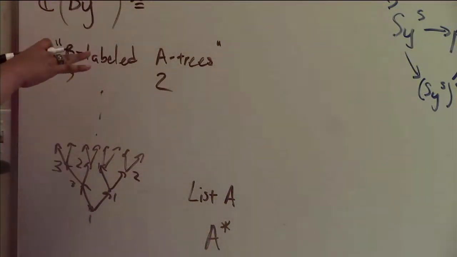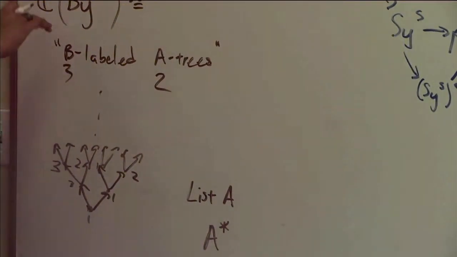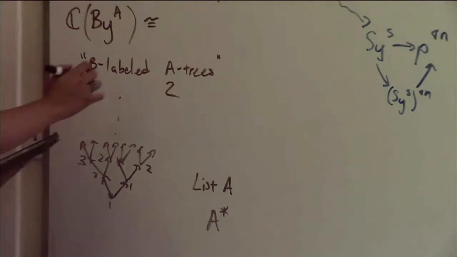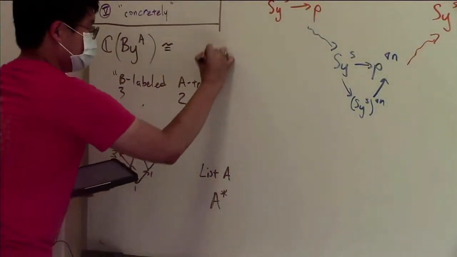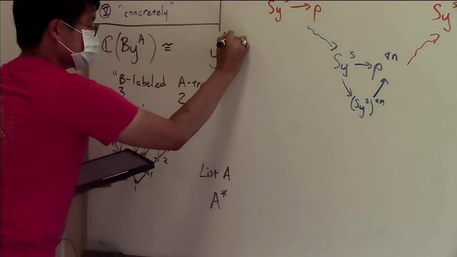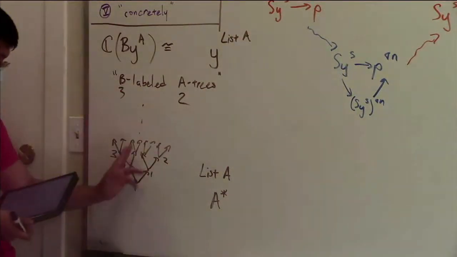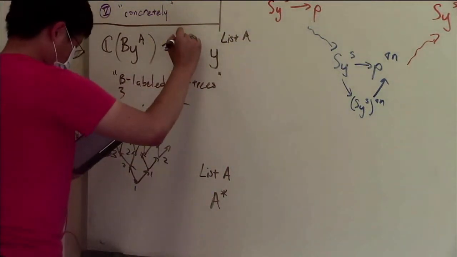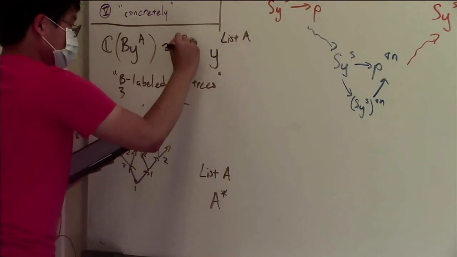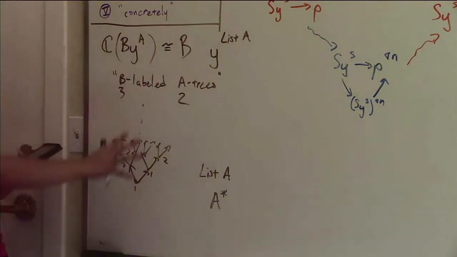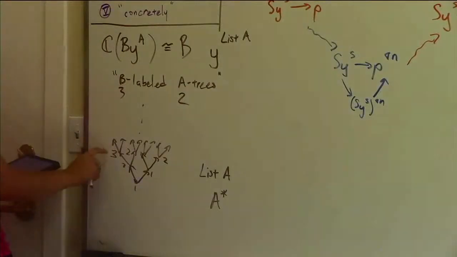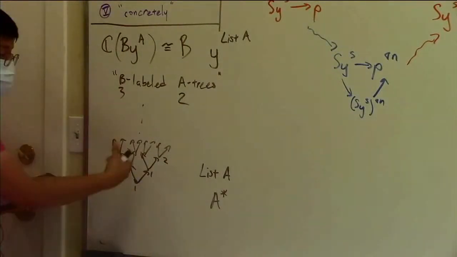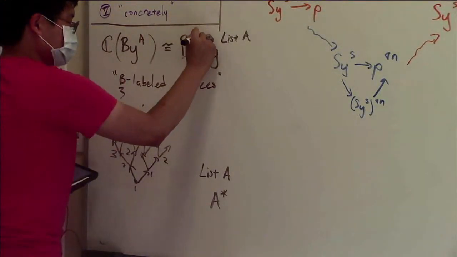Or what's the polynomial that carries this cofree comonoid? It's going to be a monomial itself because all of its morphisms are just going to be elements of list A. But its objects are going to be these B labelings, because we know which element of B each of these outputs. So it's going to look something like that.